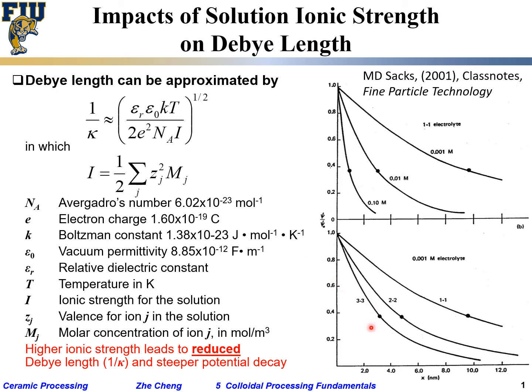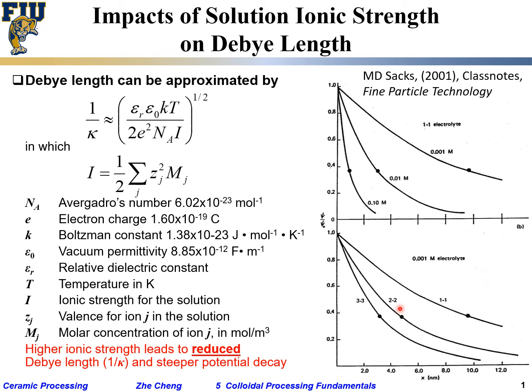The other one is, okay, we are talking about the same electrolyte concentration, 0.001 molar, right? But then we are having electrolytes with different ratios of cation and anion. This one, 1-to-1, could be sodium chloride, sodium fluoride, something like that. This 2-to-2 could be something like calcium sulfate.